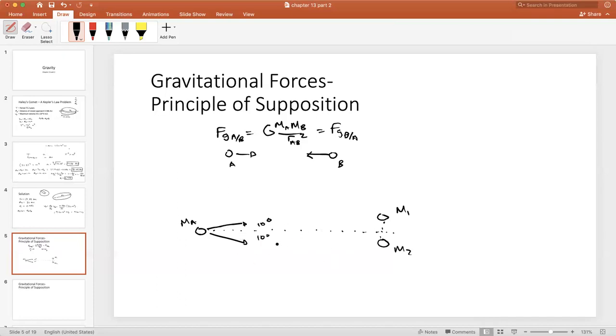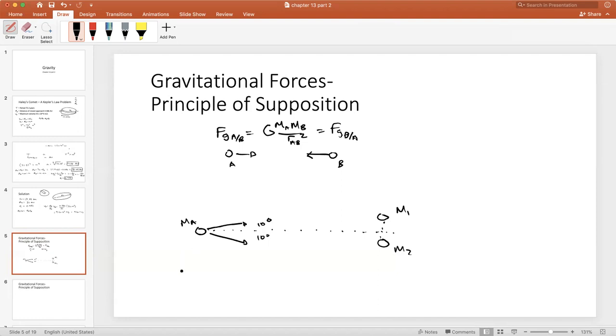I know the arrows don't look quite like that, but how do we figure out the gravity on MA? How do we figure out, if these two are stationary, what gravity MA feels? And the principle of superposition tells us that we don't have to worry about how these two influence each other. We only need to worry about how they are influencing the mass of interest.